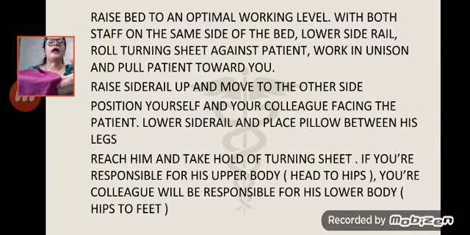Okay, then at the count of 1 to 3, while holding the turning sheet, the team lead will count 1, 2, 3, then turn to your side. Okay, then after turning to your side, dapat sabay na sabay talaga. Okay, simultaneously. So you will maintain the spinal alignment. Okay, then you will put pillows between the legs of the patient.